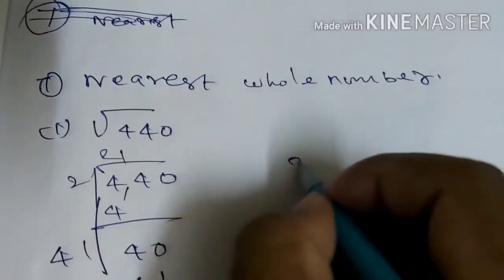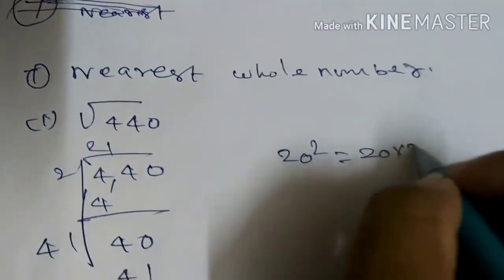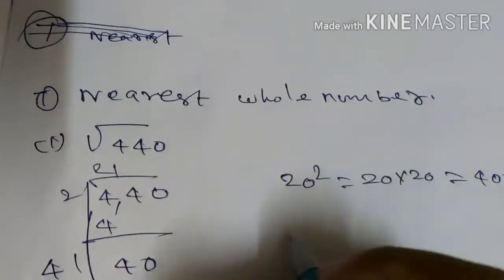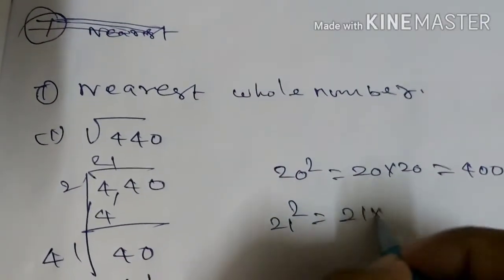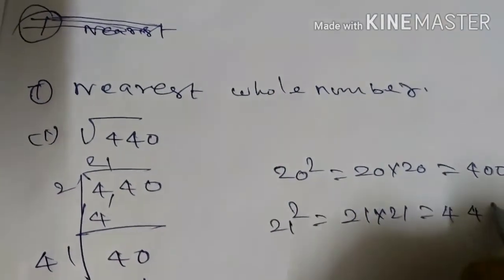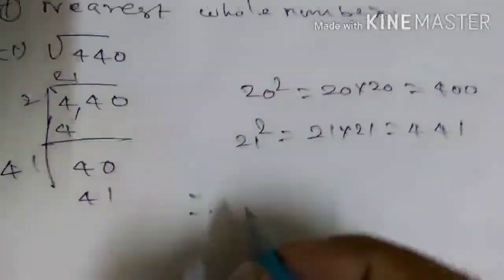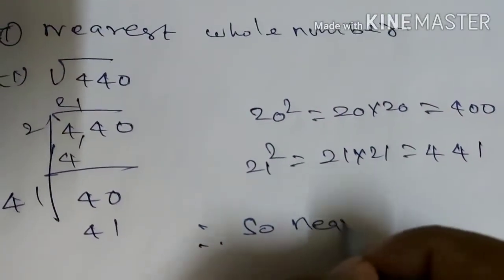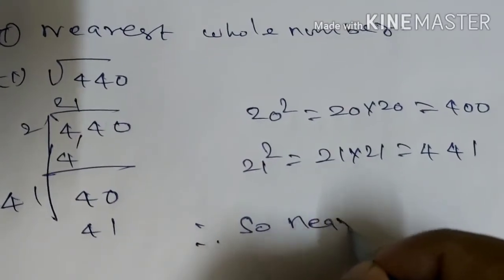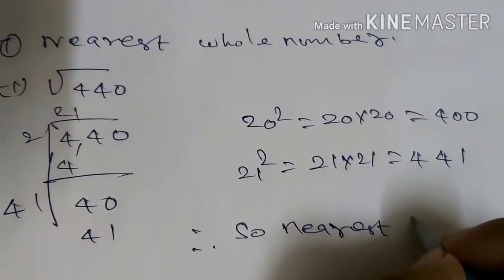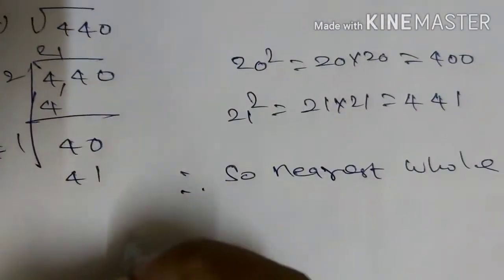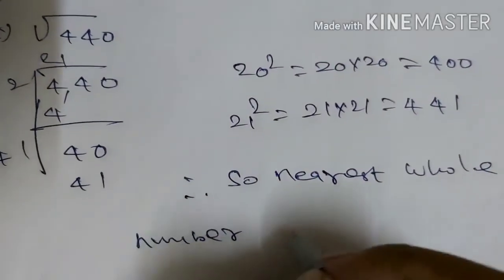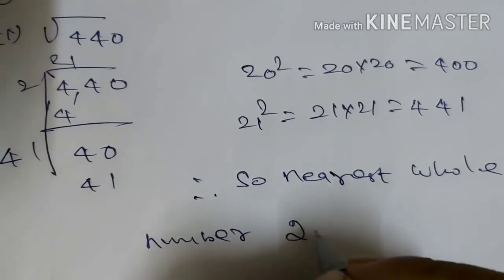Extra one number add. So 20 square means 400. 21 square equals 21 multiply 21 equals 441. So 440 and 441, remaining one number only, nearest. So nearest whole number equals 21.